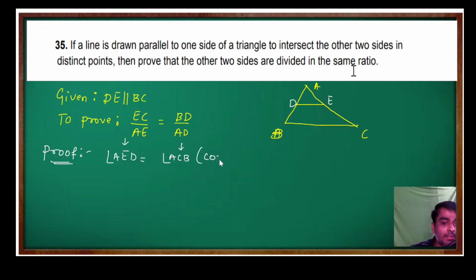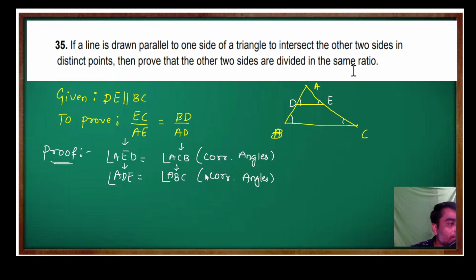Write reason always: corresponding angles. Then next one, angle ADE equal to angle ABC. Now the middle letter is B, here it is D. So you can see those two are corresponding. They are all corresponding angles. Write reason, corresponding angles.